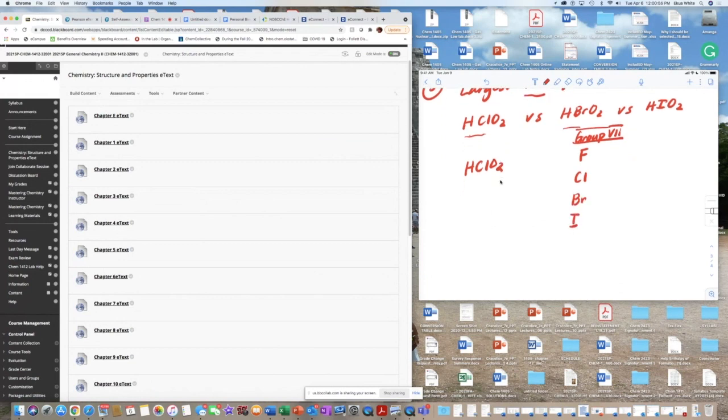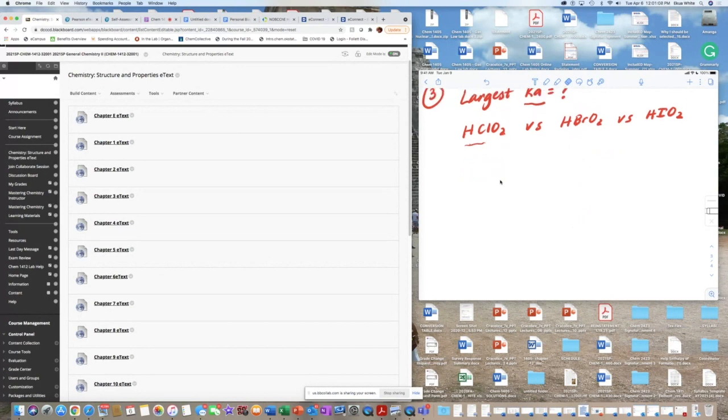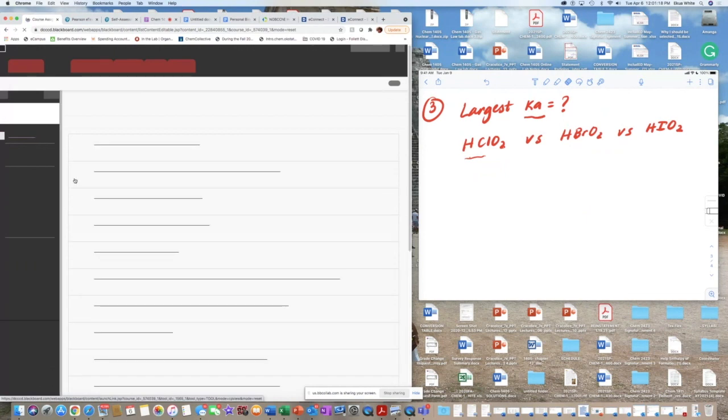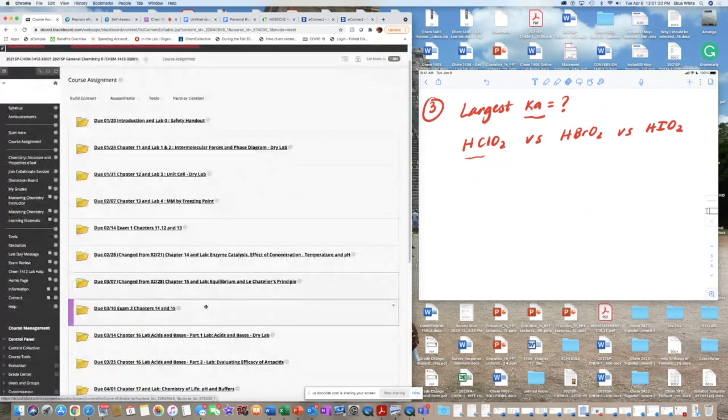And at some point during the PowerPoint, you looked at comparing binary acids versus comparing oxy acids. So with this question, even though it looks pretty harmless, number one, you want to judge the kind of acids you have. So let me go back to chapter 16, because the question they're asking you is not as simple as it appears.